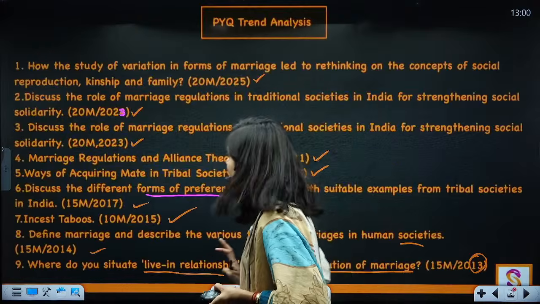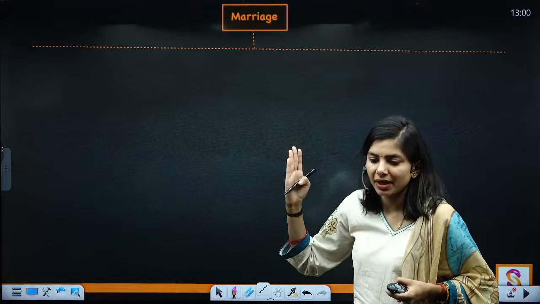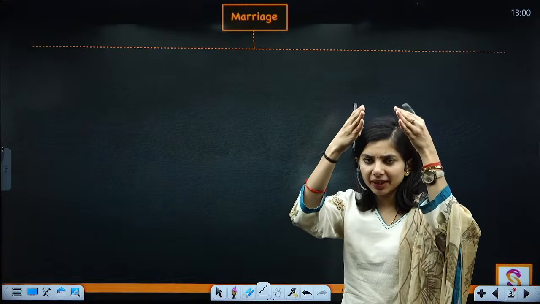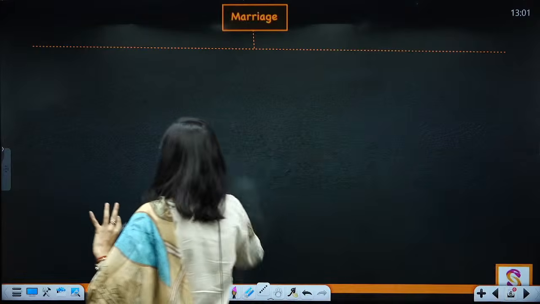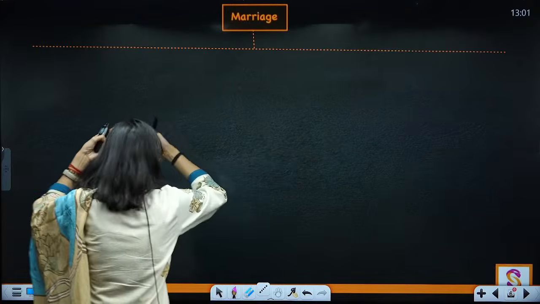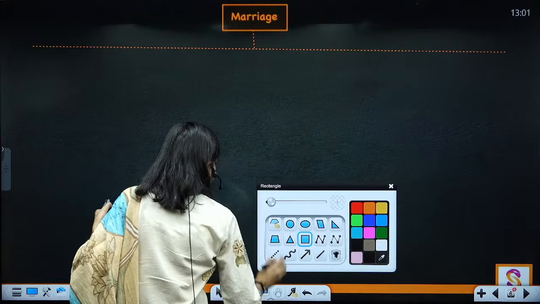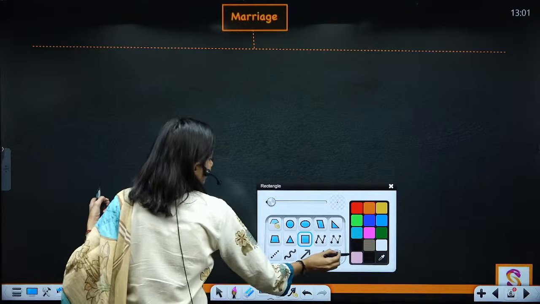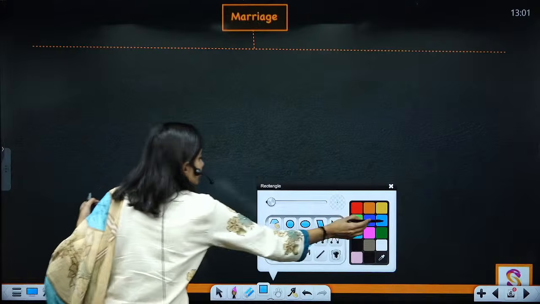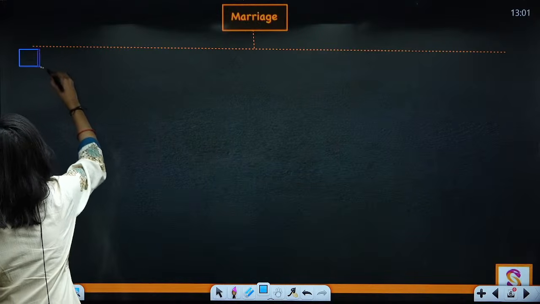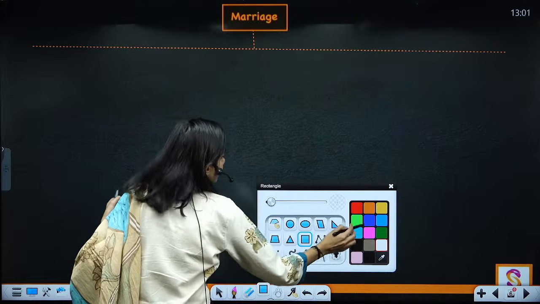So in terms of index, first you need to divide the page into 7 parts. It's up to you whether you want to keep it vertically or horizontally on your page. It depends upon you. I'm going to do it horizontally here because I have a horizontal screen. Okay, fine. So now let's first create.